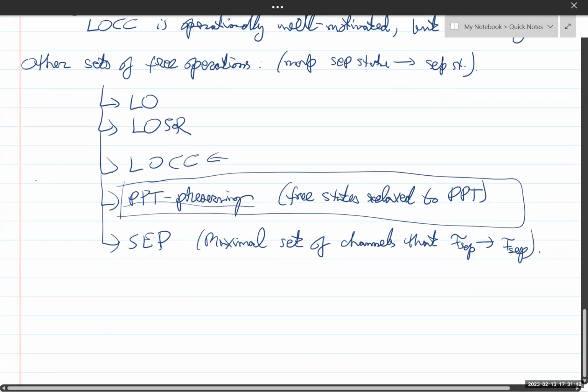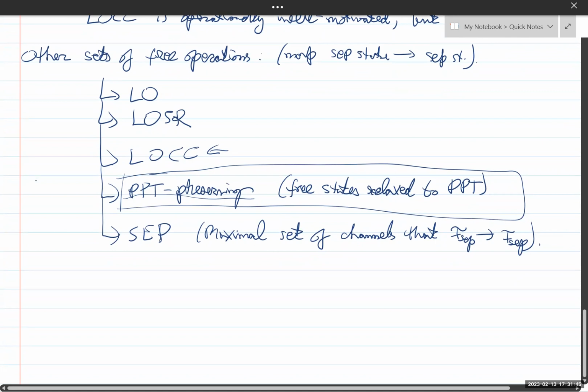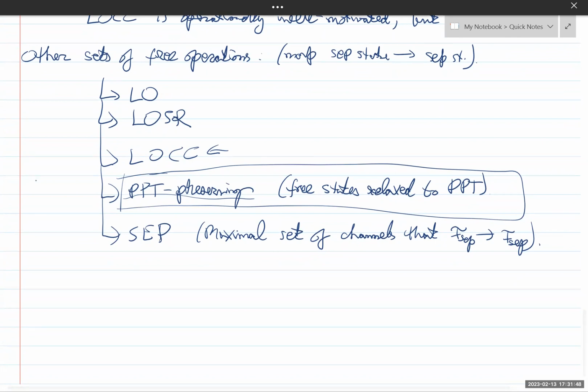So you have your set of free states, the separable states, and you just define the set of all possible channels that would map separable states to separable states. That defines this class of... no, I think there are subtle distinctions between PPT channels and PPT preserving, separable channels and separability preserving, and so on, which I'm not very familiar with.